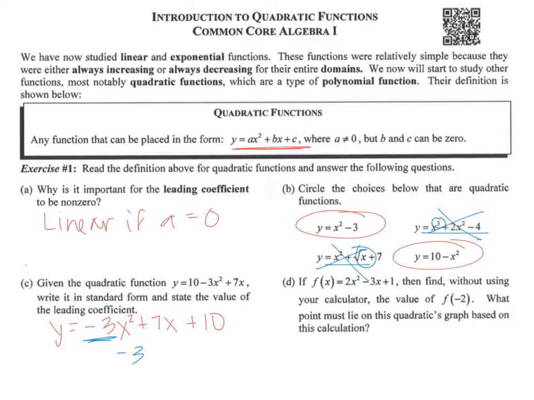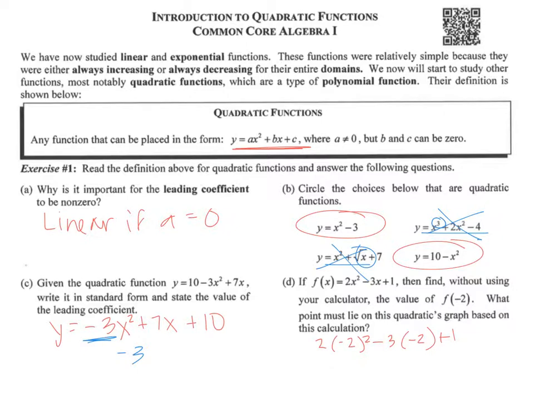So if we have a function, f of x, and we want to find, without using the calculator, the value of f of negative 2. So we're going to do 2 times negative 2 squared minus 3 times negative 2 plus 1. So just because it's a quadratic function doesn't mean that you're going to do anything different than you did if it was a linear function.